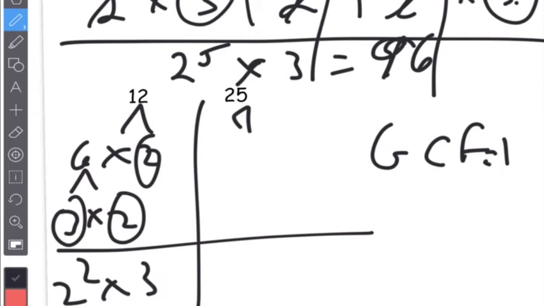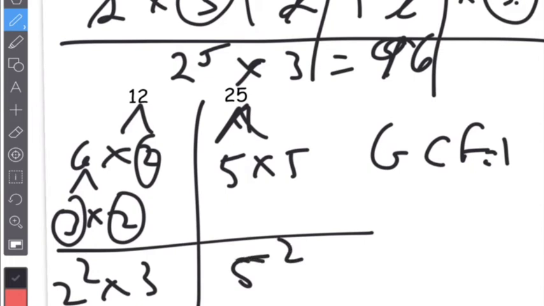For 25, it's 5 times 5, which is 5 squared. So technically, you need to use all of these numbers. So it's 2 squared, which is 4, times 3. 4 times 3 is 12, times 25. So it's 12 times 25, and if you need to write it out, write it out. The answer is 300 for the LCM.